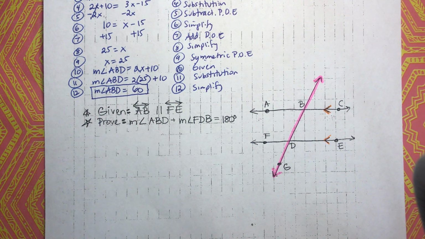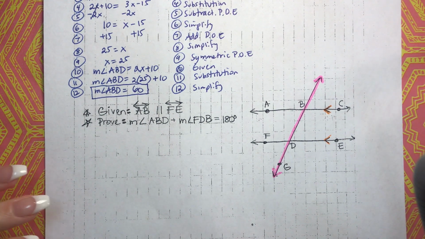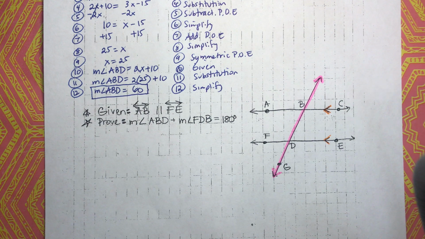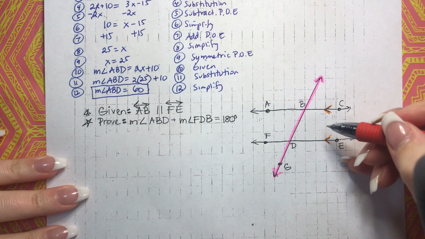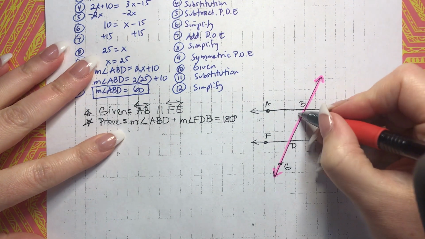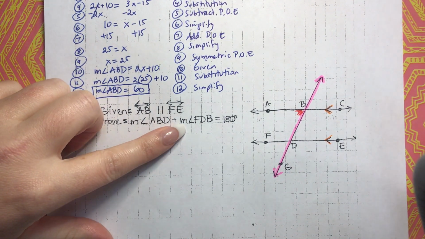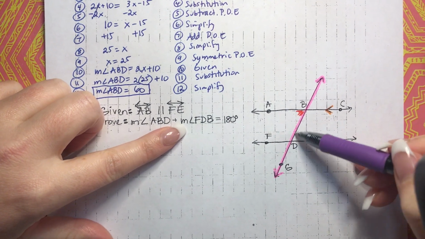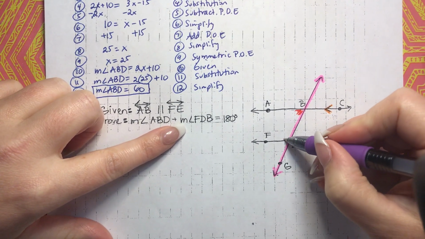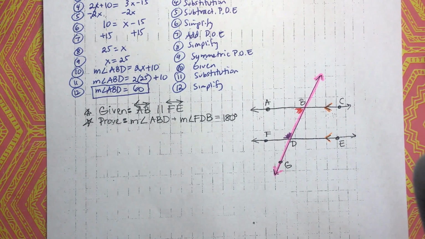Now, what are we trying to do? We are trying to prove that angle ABD, I'm going to use red for this one, plus this angle right here, FDB, add up to equaling 180 degrees.